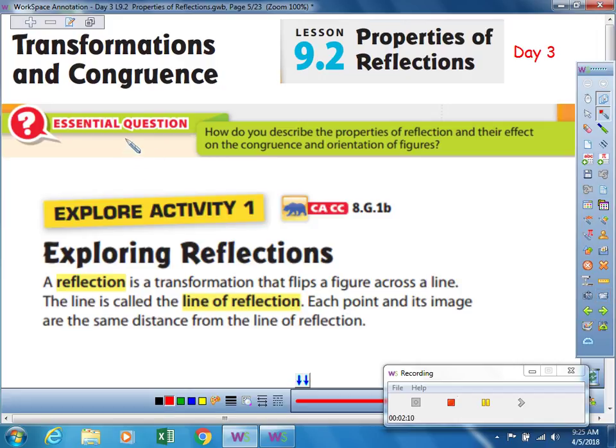So we are going to look at reflections, and a reflection is a transformation that flips a figure across a line. The line is called the line of reflection. Each point and its image are the same distance from the line of reflection.